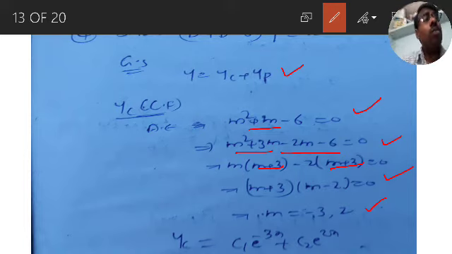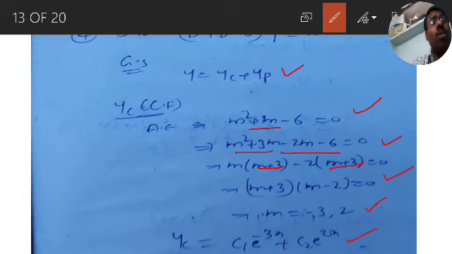They are real numbers and different numbers. So the roots are real and different. For real and different roots, how to write the solution? That is yc is equal to c1 into e power of minus 3x plus c2 into e power of 2x.